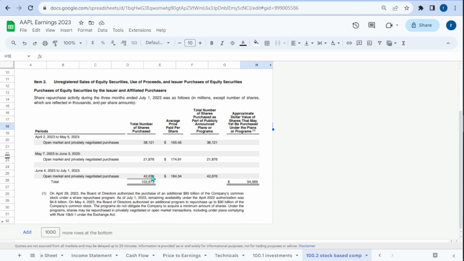And a lot of this is done by just their actual issuance of bonds and notes and stuff like that. So Apple has highly rated corporate bonds. So when they issue these bonds, they're getting a lot of proceeds from that, and then they're using those proceeds to essentially repurchase stock and things of that nature. So that's a very good plus to have on your side if you're an Apple investor.